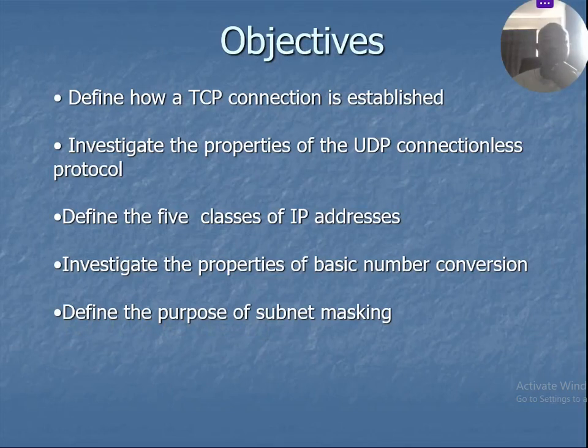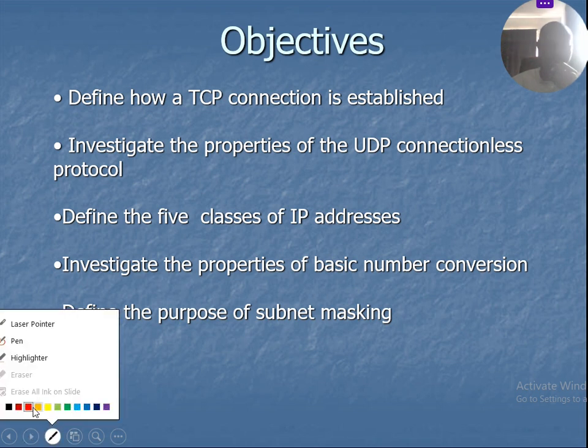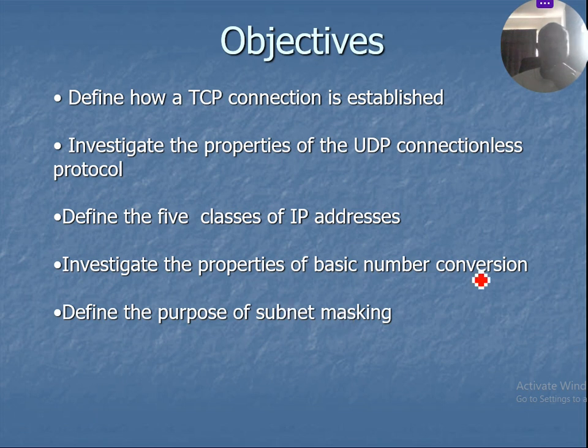The first one is to look at the objectives of the entire chapter. First, we're going to define how a TCP connection is established in a network. Then we investigate the properties of the UDP connectionless protocol. Let's take our usual highlighter. First we look at how the TCP connection is established, and second, we investigate the properties of the UDP connectionless protocol.